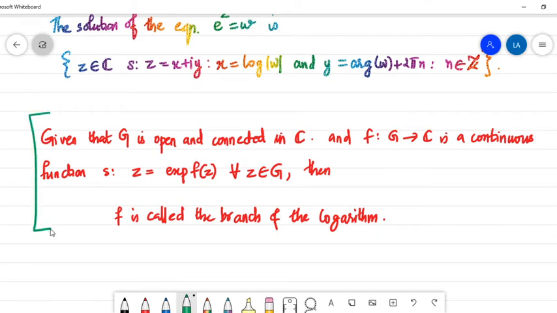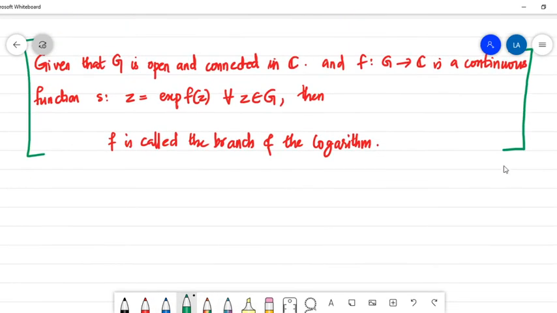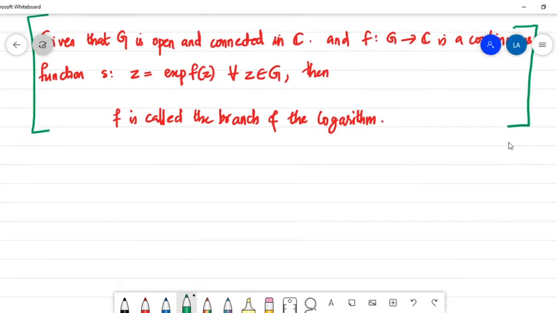So this is a very important definition when we study logarithmic functions.